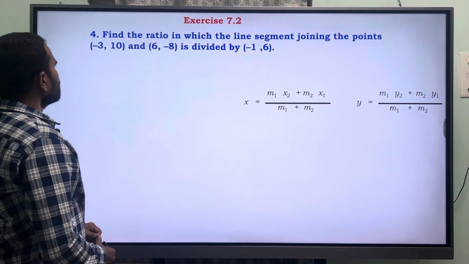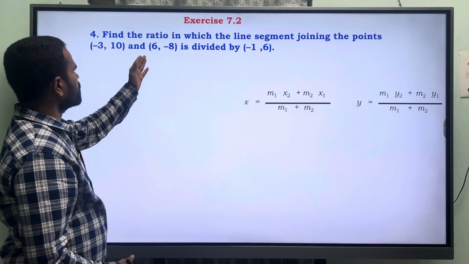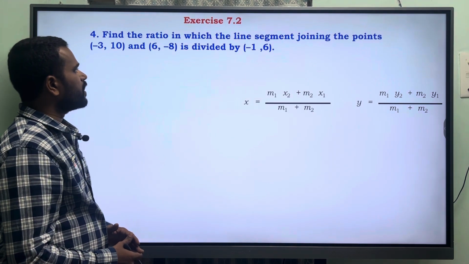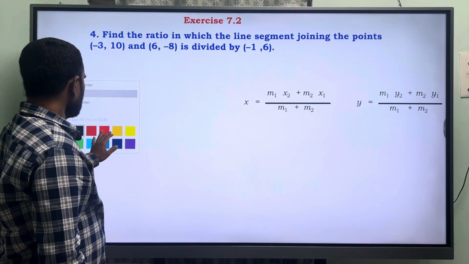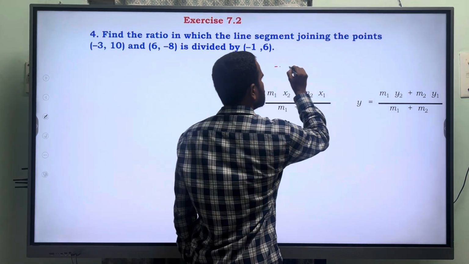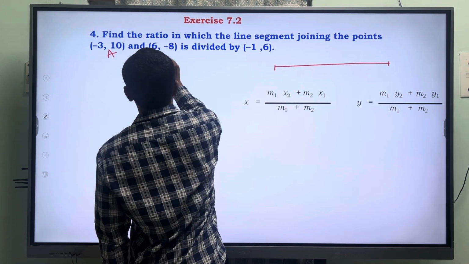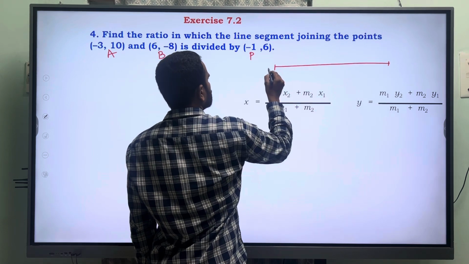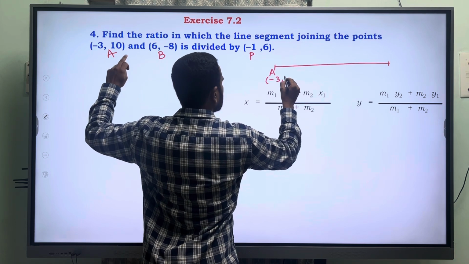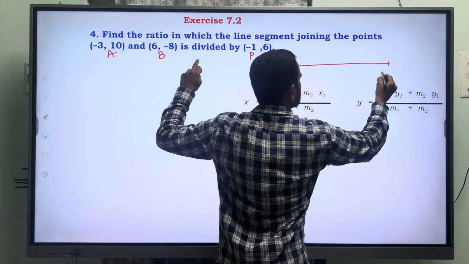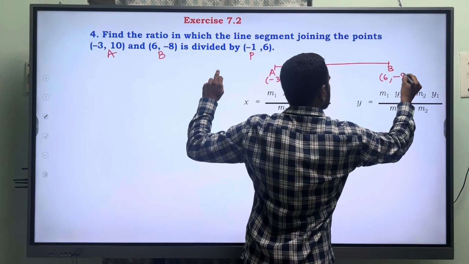Next, see here, find the ratio in which the line segment joining the points minus 3 comma 10 and 6 comma minus 8 is divided by minus 1 comma 6. There is a line segment AB. This is A, this is B, and this is the point P. A is minus 3 comma 10 and B is 6 comma minus 8.